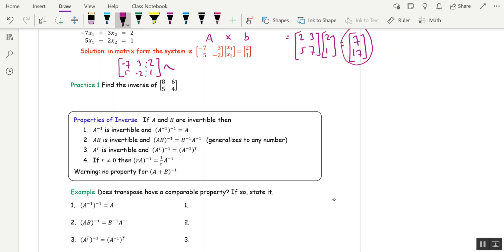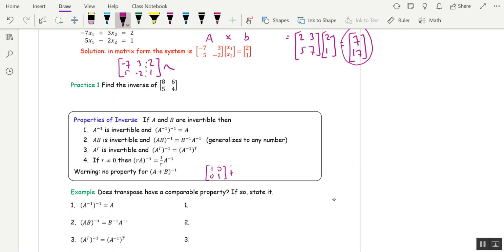And there's no property for the inverse of a sum. In fact, if A is invertible and B is invertible, A plus B might not even be invertible. So this wouldn't even make sense. For example, 1, 0, 0, 1, that's invertible. That's the identity. Its inverse is itself.